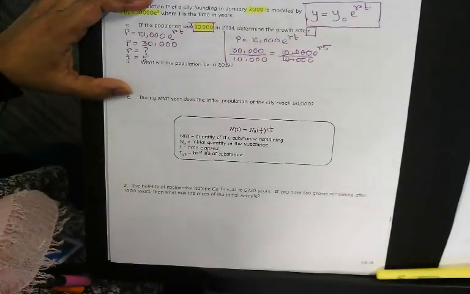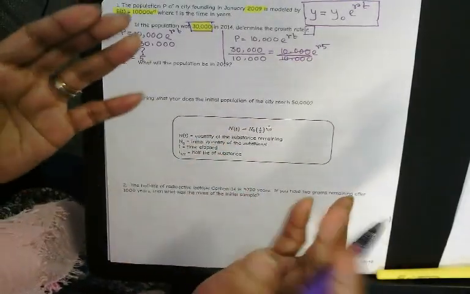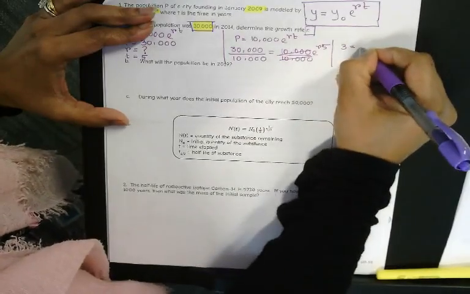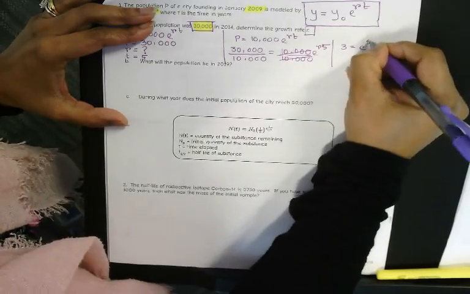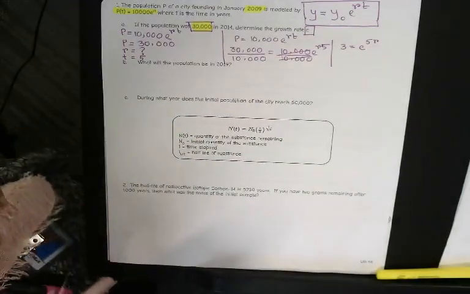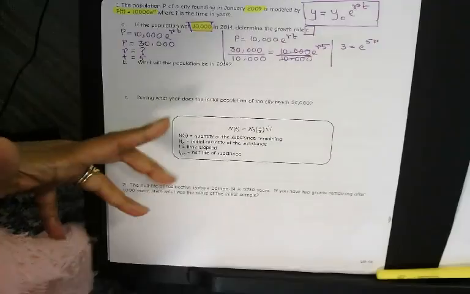On this side, if you divide it, what do you get? 3, not 3,000. 3 is equal to e to the power 5r.